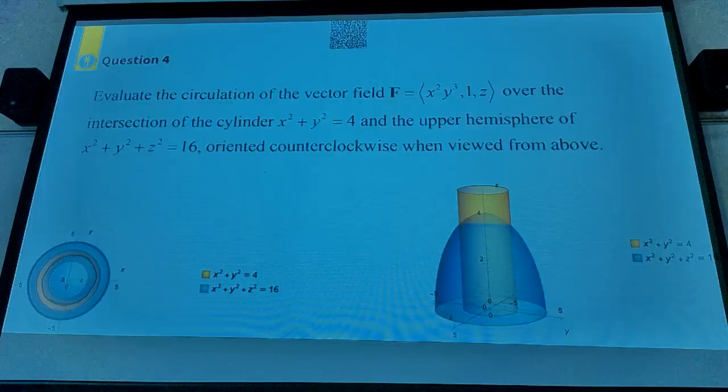So that is the boundary. It's oriented counterclockwise. Again, positive orientation. You use Stokes' theorem.